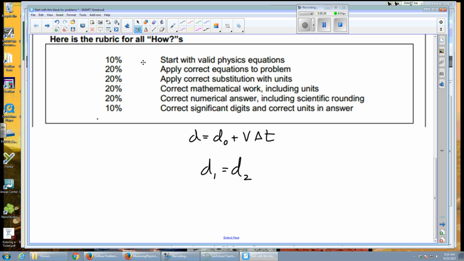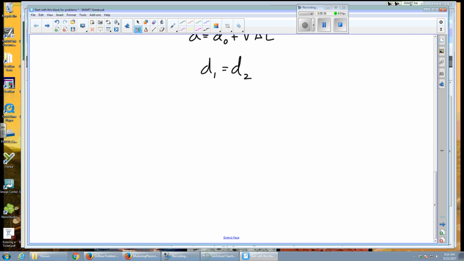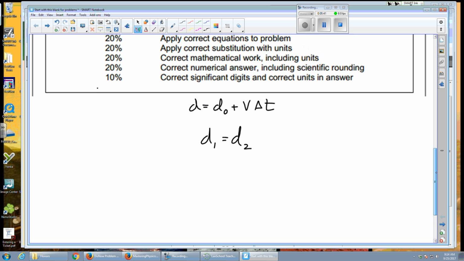And I'm not going to use time 1 and time 2 because they're both going to be moving for the same amount of time. So I'm just going to use delta t, and that way it's common to them both.